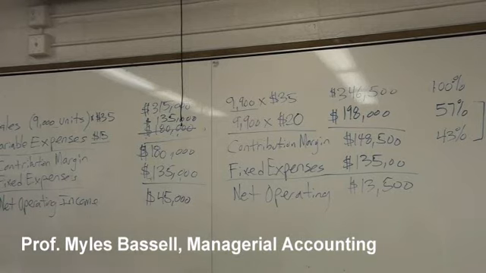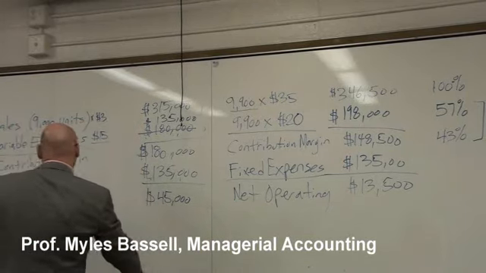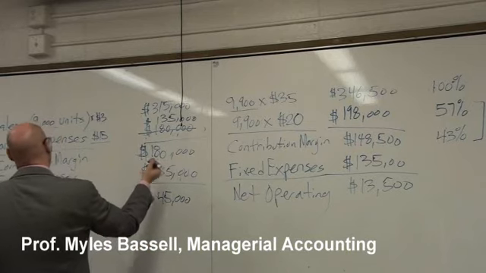And we could consider lowering the price. If we lower the price to $30, and then let's say we sell, well, let's look at that. Let's say we say 45,000 is not enough. That's not enough of a return on investment.